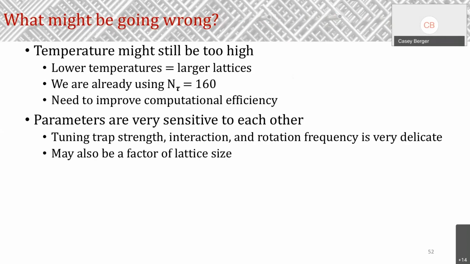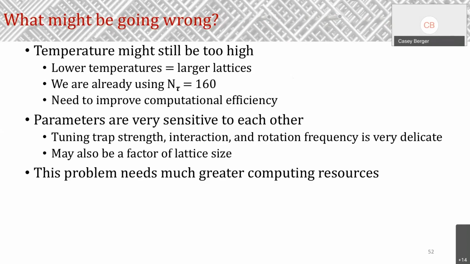And this is also a factor of the lattice size. The size of the lattice and the spacing of the lattice will determine things like the harmonic oscillator or the scattering frequency. We basically need to tune all of these parameters, and we need a larger lattice in order to do it. So this problem needs much greater computational resources than we've been using so far.